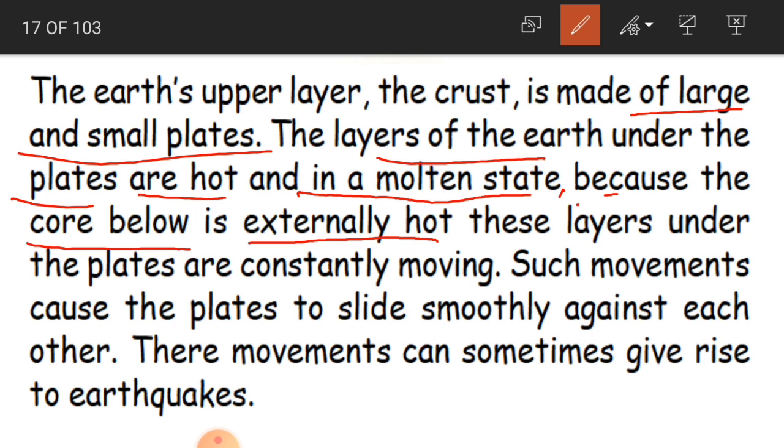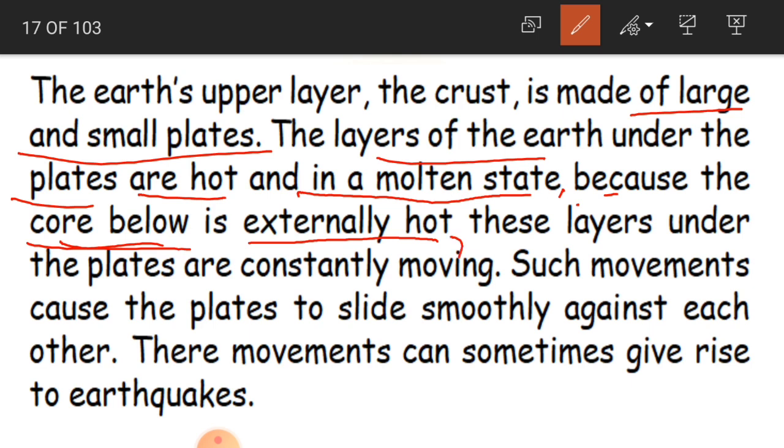Molten state means that when you heat a substance, it becomes liquid.